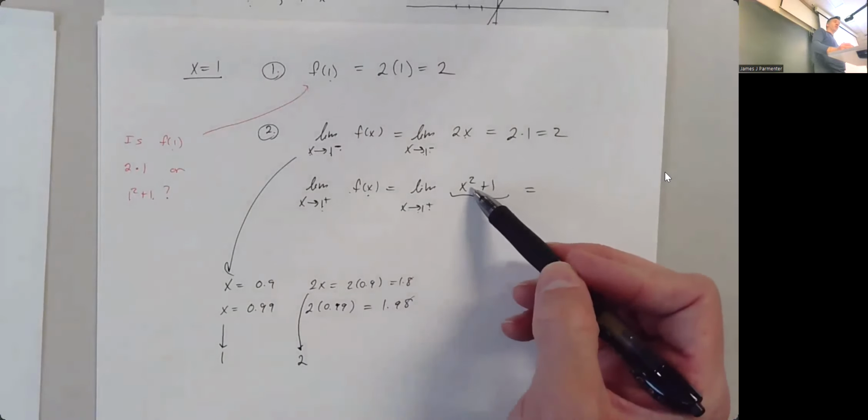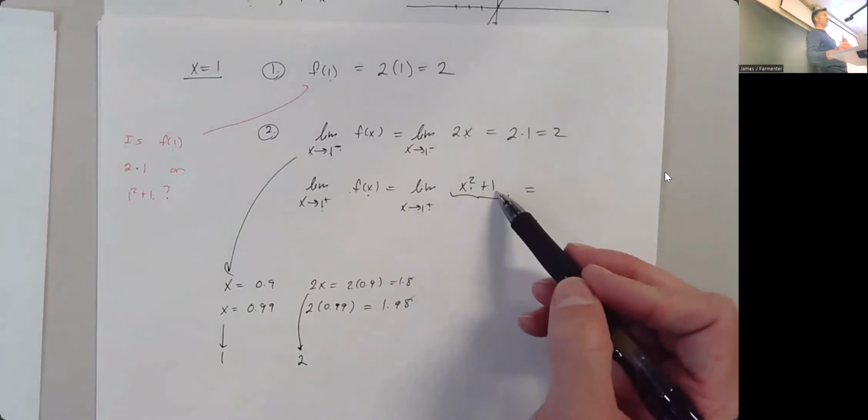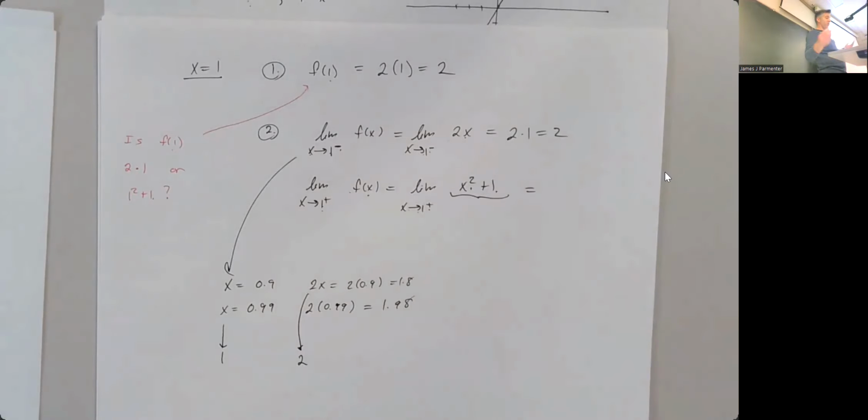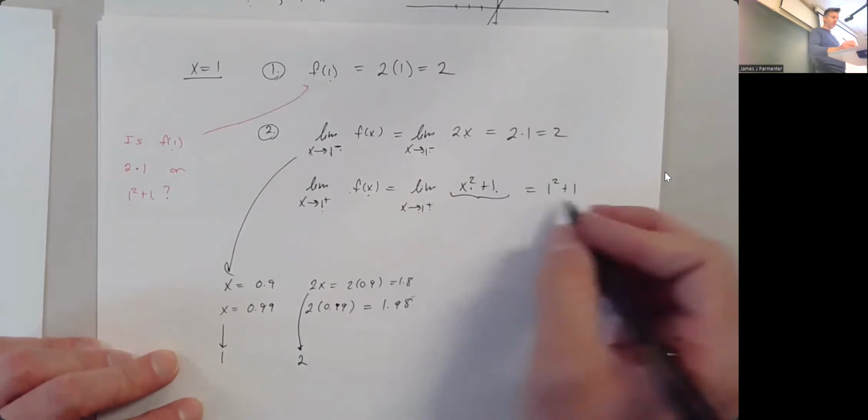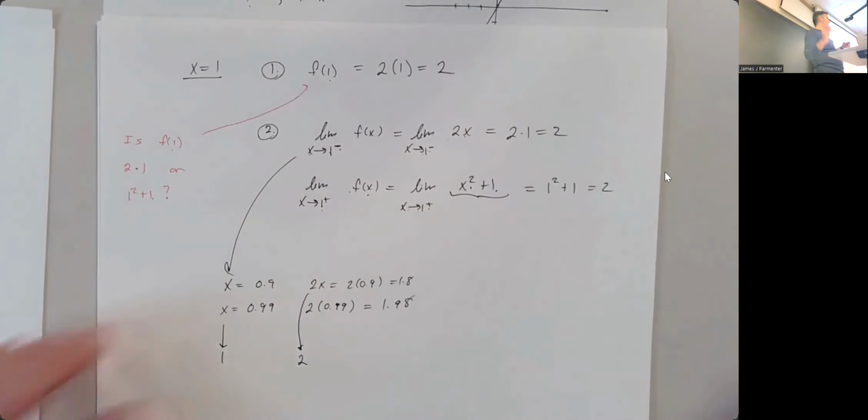It's actually even closer to 1. And if you add 1 to it, it's really close to 2. Now, we're actually just going to plug in the 1 to get 1 squared plus 1, which is equal to 2. But that's, again, the thought process. We're just saying, x is getting close to this number. What is the function simultaneously getting close to?